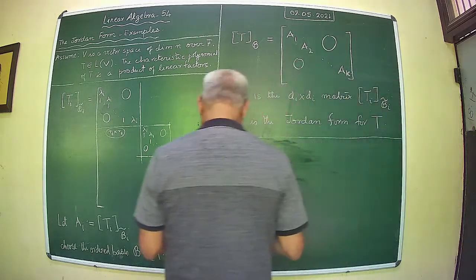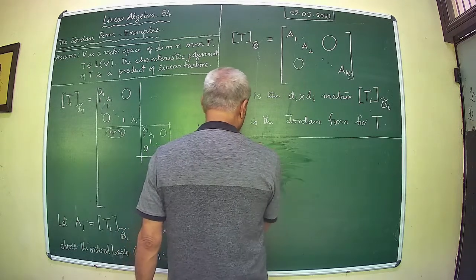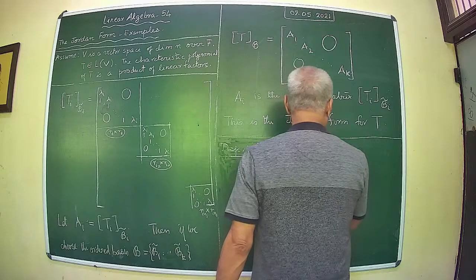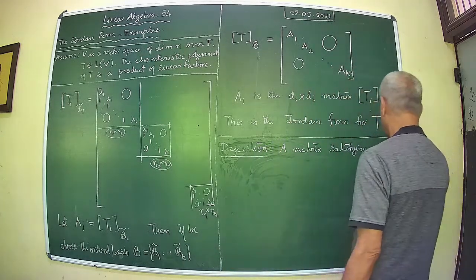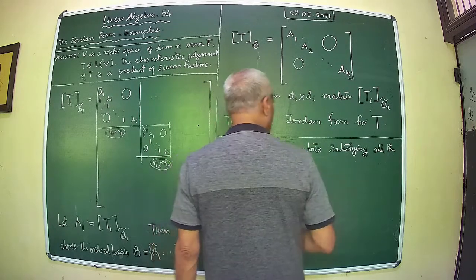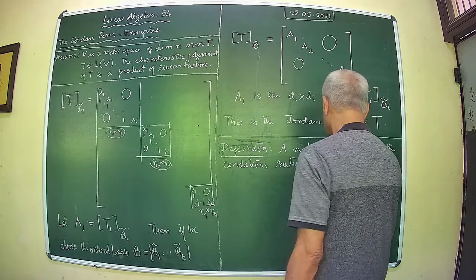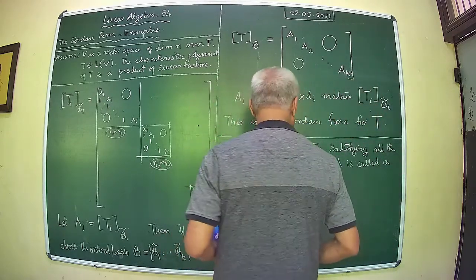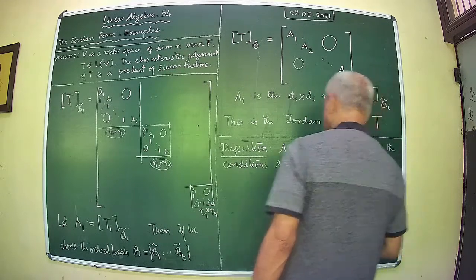So a matrix satisfying all the conditions satisfied by A is said to be in Jordan form.